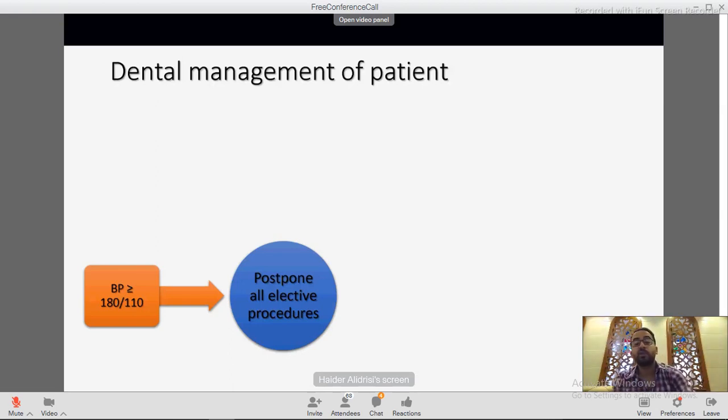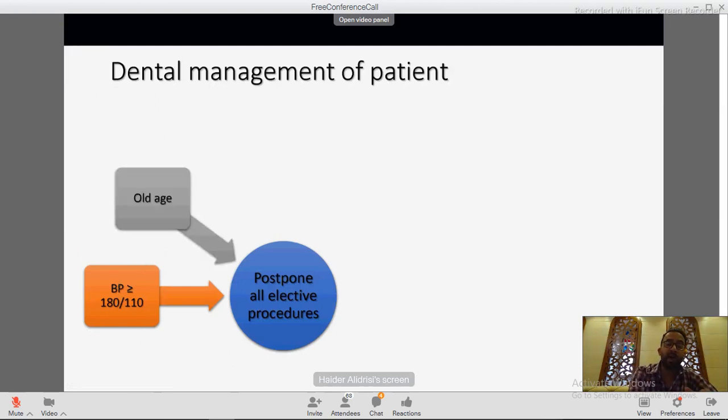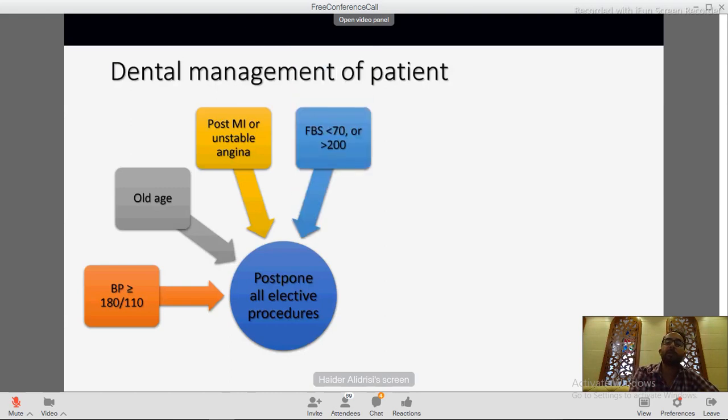So one of the indications to postpone an elective procedure is severe hypertension. With elderly patients, you also have to postpone elective procedures unless you do an evaluation for this patient. Post-myocardial infarction or unstable angina, myocardial infarction, جلطة قلبية, unstable angina, especially if the patient was recently discharged from the hospital for such conditions.